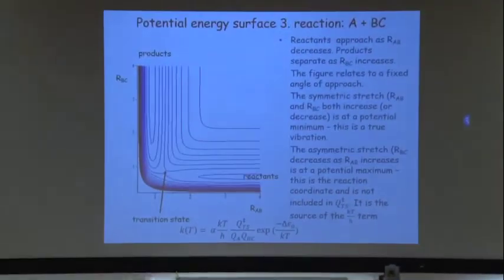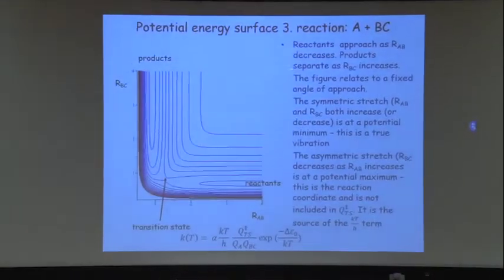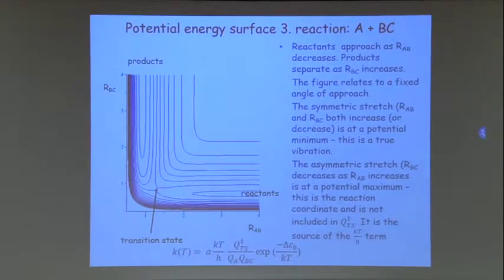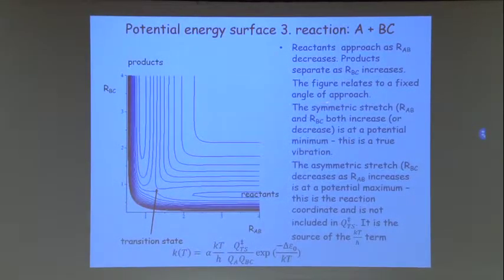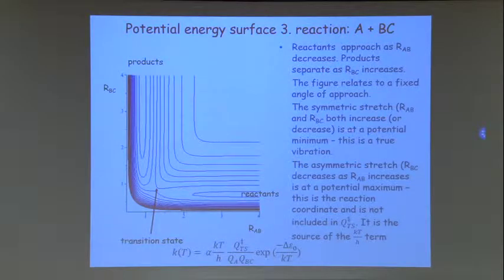Okay, so let's see what the notes say. Reactants approach as RAB decreases, products separate as RBC increases, and the figures relate, again, to a fixed angle of approach. The symmetric stretch, where these both increase, is at a potential minimum; this is a true vibration. The asymmetric stretch is not. It's at a potential maximum, and this is the reaction coordinate.